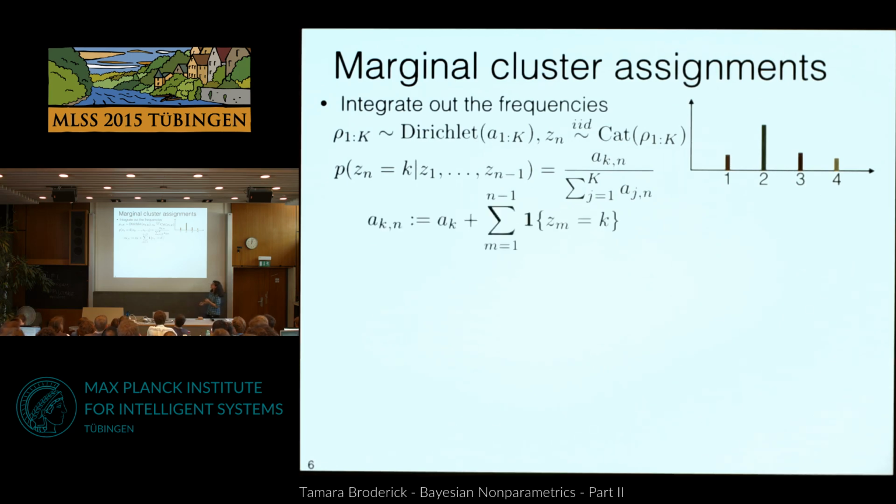And when I say essentially, what I mean is that a_kn is the original hyperparameter a_k plus the number of k's that we've seen. So if we sum up the indicators of each Zn being equal to k, that's equal to the number of k's we've seen so far that are Zs. And so again, we get this sort of thing that looks like a fraction of k's we've seen, but is a little bit different because we started off with these hyperparameters.